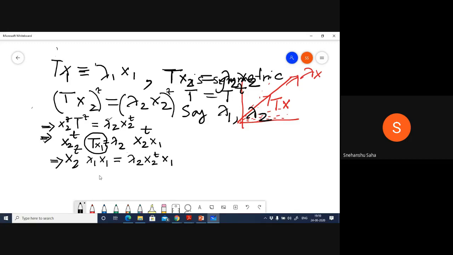Now look, there is a lambda hovering on the left-hand side in between, but lambda is a scalar, so I can write lambda in any order when we are multiplying stuff, and it doesn't matter. You cannot do the same thing for vectors, but when you have a scalar, you can do that. So I can get rid of this lambda 1 here, and bring this lambda 1 over here. Therefore, in the next line, I have lambda 1 minus lambda 2 times x1 transpose x2 equals 0. Would you agree with this?